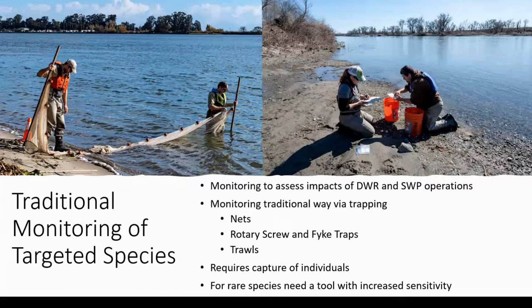Like I said, this requires the actual physical capture of individuals. And for rare species, that might not be the best way to monitor them and to determine their presence in the system. So we need a tool in the toolbox that has increased sensitivity to detect these rare species.